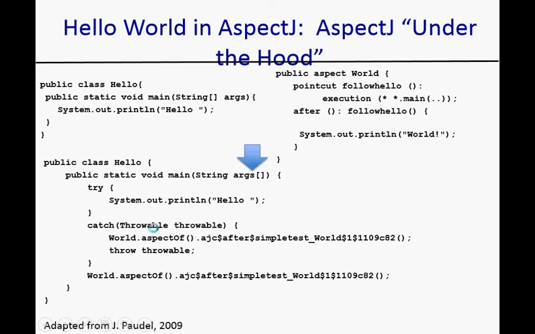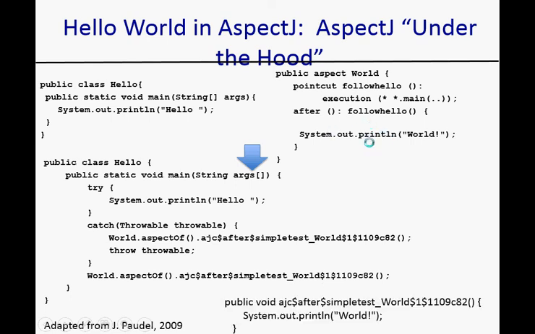If, on the other hand, an exception is thrown somehow in here, or something whacked out about the stream or what have you, it will also call off to print this out and then proceed to continue to throw. So it's intercepting, ladies and gentlemen, what's going on here in a clever way, so that it calls off properly to this print associated with world.